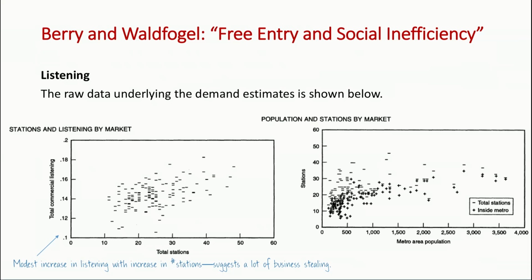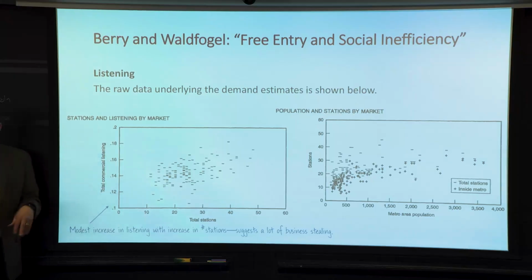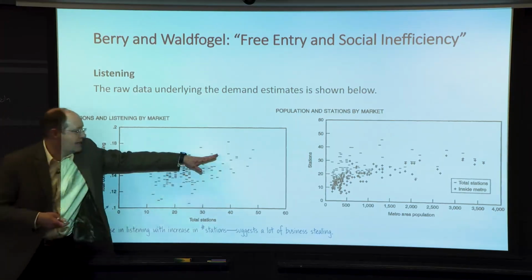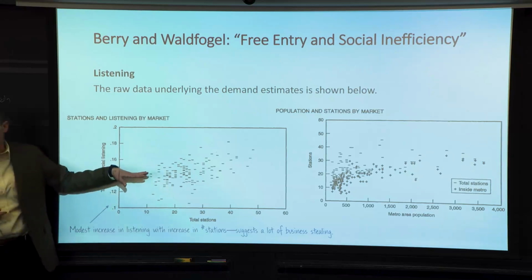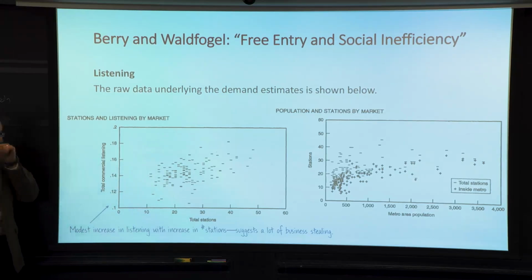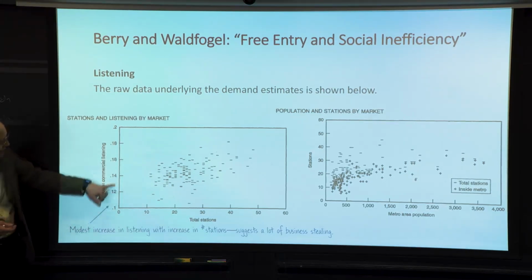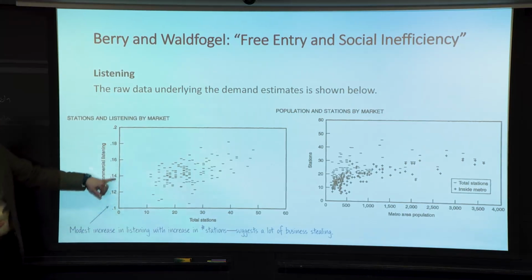Okay. The raw data, which is going to tell you a lot about how the results come out, is here in the paper. So this graph shows, as the number of stations in a market increases, how does listening go up? And you might say, okay, I definitely see that positive slope, more radio stations, more listening. But if you look at this graph, the scale is really running from 0.12 to 0.18.